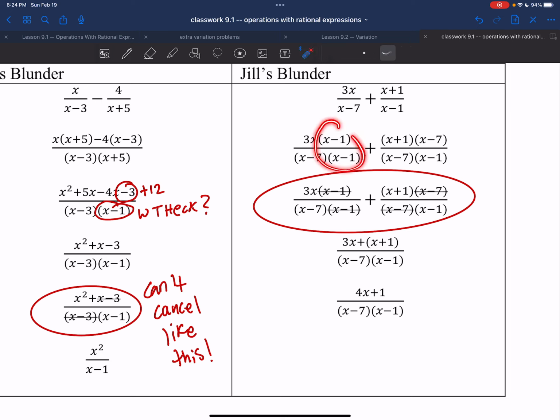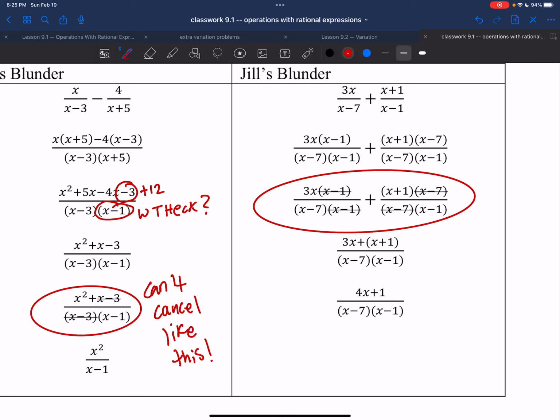That's the step she took. She put this here, and then she just took it away. She just undid what she did. And that's just silly, Jill. That's just silly. But I will say, it's not necessarily wrong.